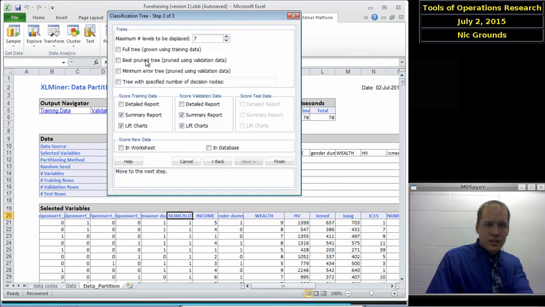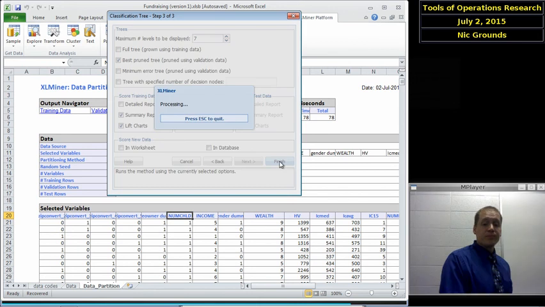Prune the tree so we can see the best pruned tree, and then we'll run.